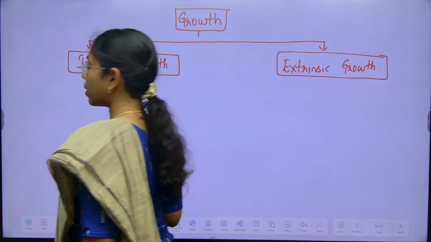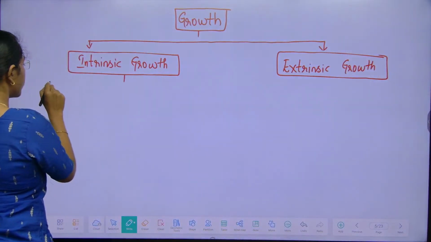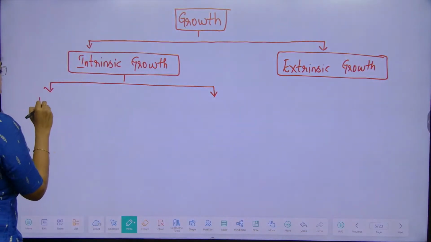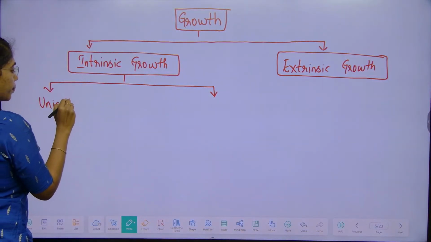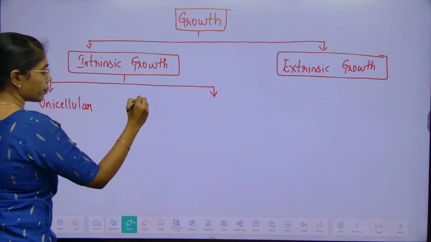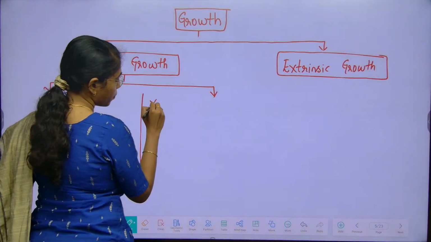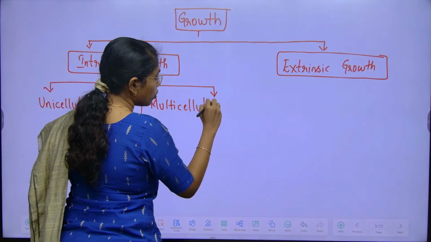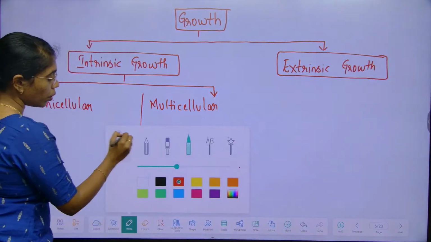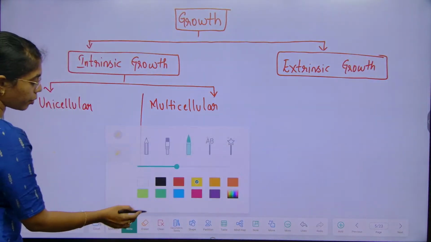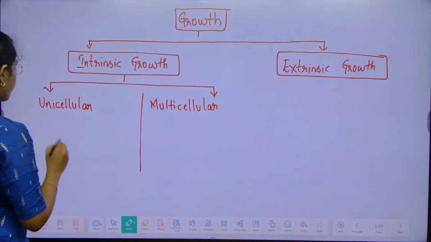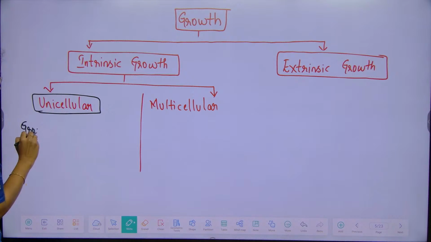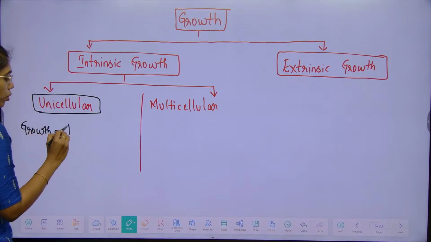Intrinsic growth occurs both in unicellular and multicellular organisms. In unicellular organisms, growth and reproduction are mutually inclusive.